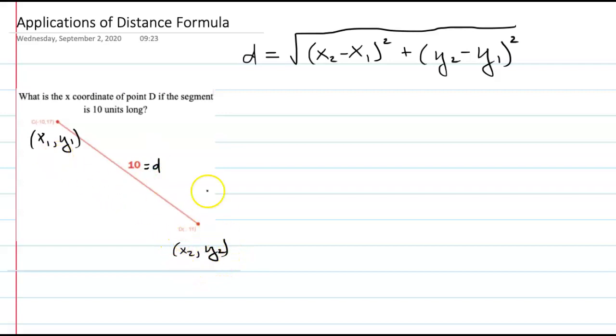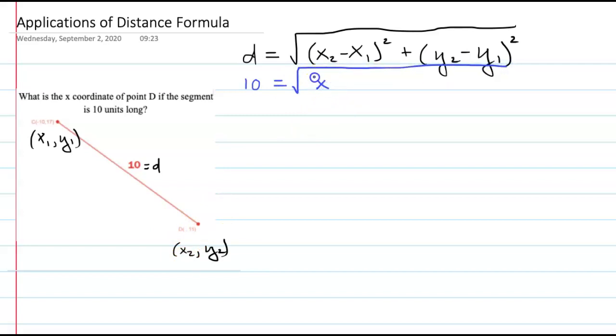So now we can plug this information into the distance formula, and we will be missing a piece of it that we will have to solve for. So our distance is 10. x2 is going to be this missing x coordinate, so I'm just going to call that x.